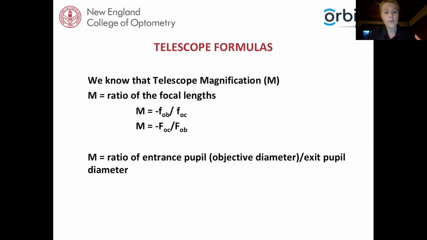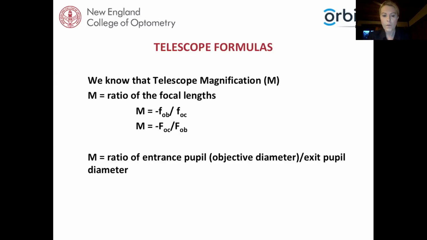Now, if a patient brought you a telescope and said, I need a replacement telescope that is almost exactly the same magnification and power as this one, it's not as easy to verify the lenses in a telescope as it is in a stand magnifier.